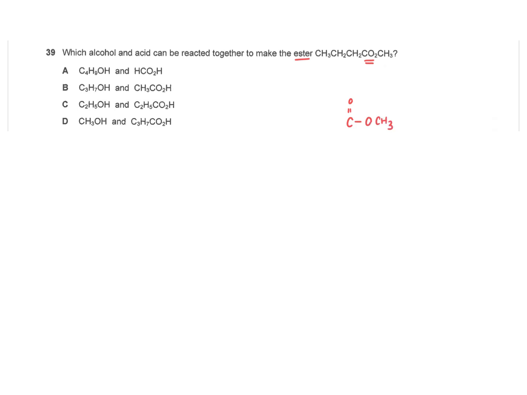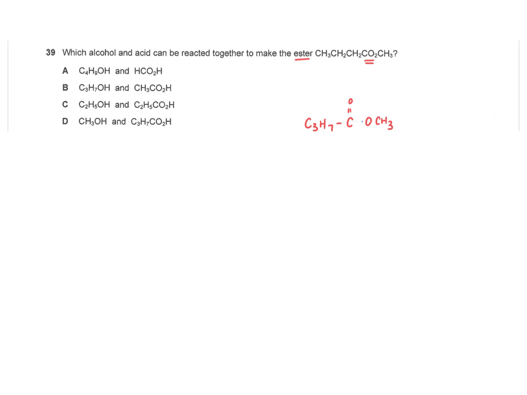So this is the ester, C3H7COOCH3. Now once you can draw out the ester functional group, I think it becomes very easy. To get back your acid and alcohol, we need to first locate the C-O single bond in the ester functional group.